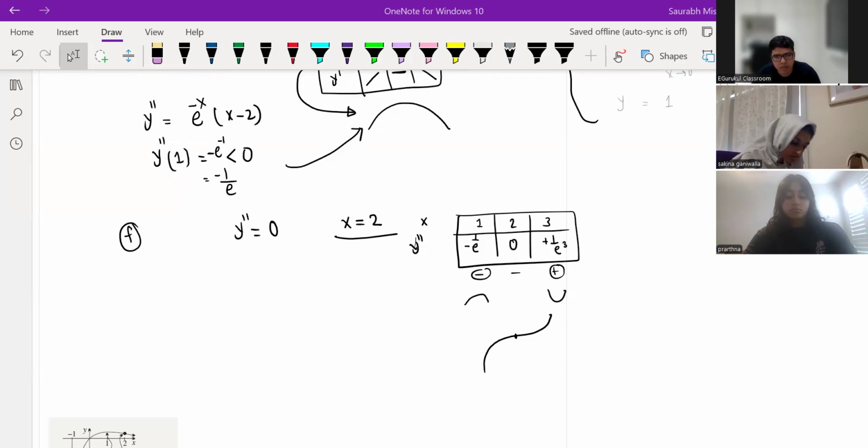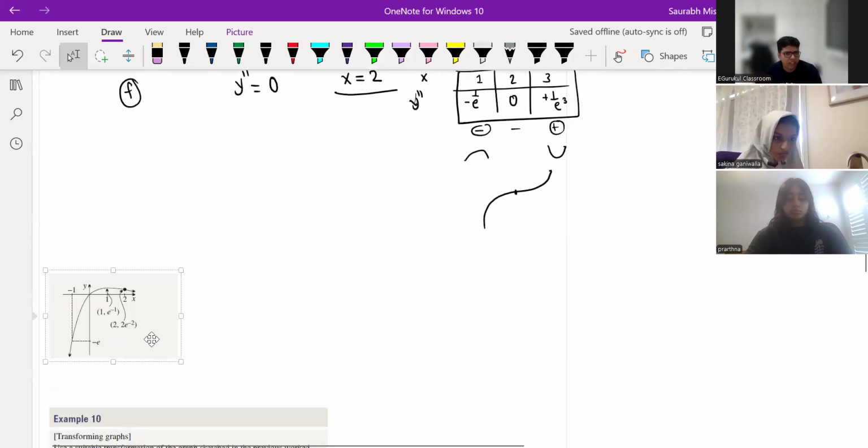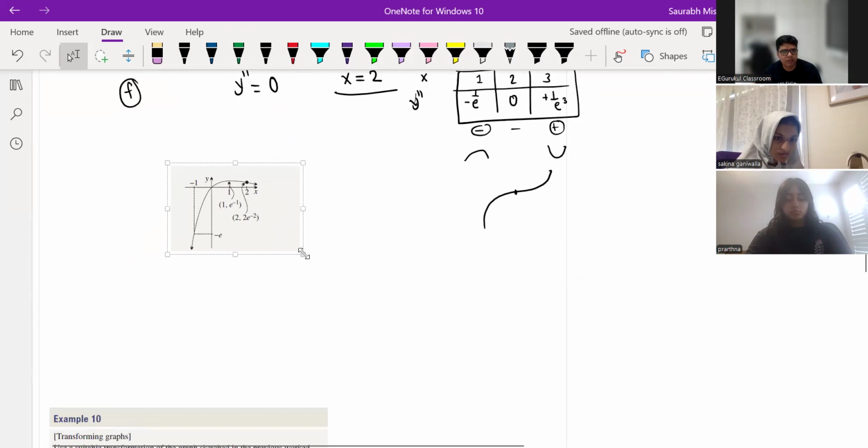That graph is too steep, maybe. Not able to see properly how that graph looks. But it's very lengthy, leave it. So the graph will be something like that, or maybe they have given the graph something like this.